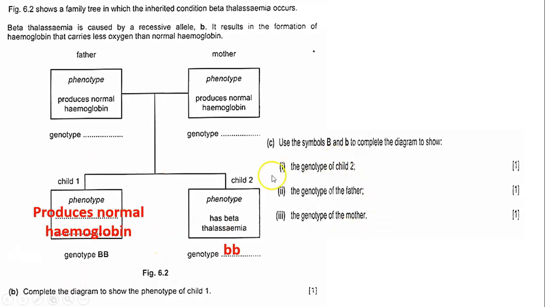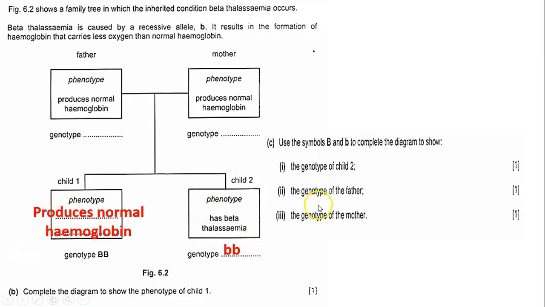Now he's asking you about child 1. What do you think will be the phenotype of child 1? They will produce normal hemoglobin. Why? Because their genotype is homozygous dominant, and in the dominant case, a person does not show any symptoms.